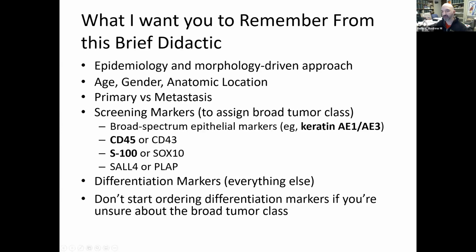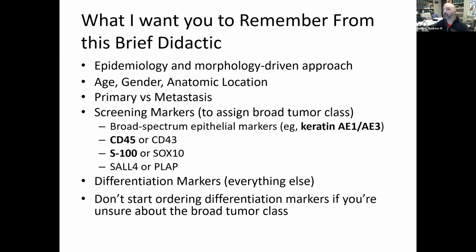And then in terms of immunohistochemistry, there are screening markers and differentiation markers, and there are only a few screening markers. And we use the screening markers to assign the broad tumor class. And by the broad tumor class, I mean mainly carcinoma, sarcoma, lymphoma, melanoma, also germ cell tumor, mesothelioma, and paraganglioma/pheochromocytoma.